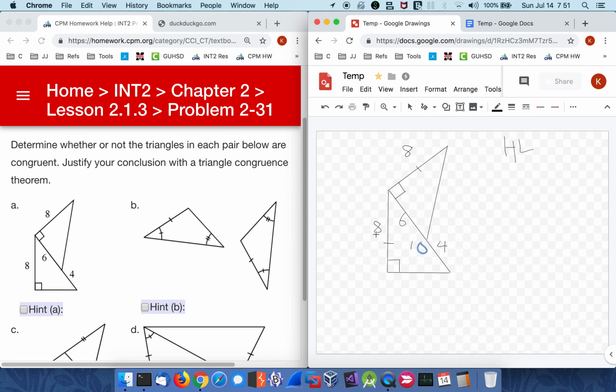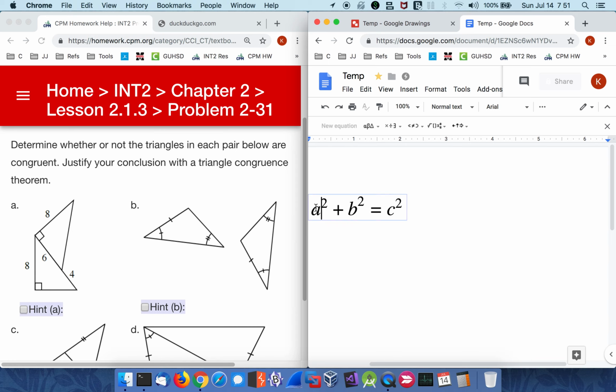And so in this case, we've got 8. Well, we can do 8 and 6 right here. So let's do 8 and 6. So we know 8 squared and then over here, 6 squared equals something squared. All right, so let's figure that out. So 8 times 8 is 64. 6 times 6, 36, equals, and what is that? That is 100.